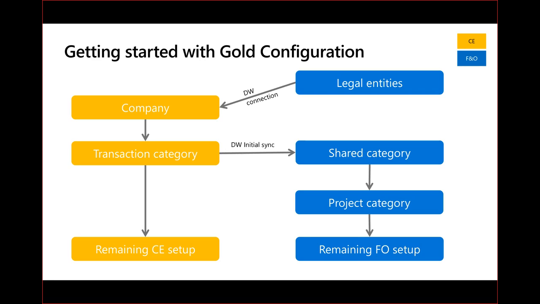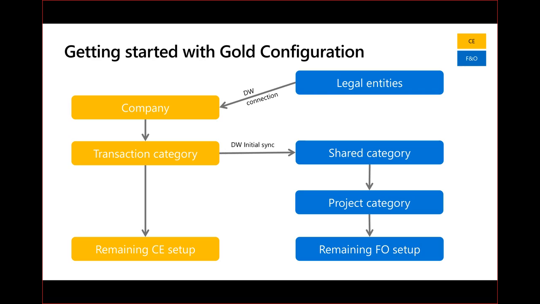And in finance and operations, for each of those transaction categories, we're going to define a shared category. So basically, we will have 4 shared categories for each transaction category. So if you have, for instance, the transaction category travel, you will get travel hours, travel fee, travel item, travel expenses as shared categories in finance and operations.